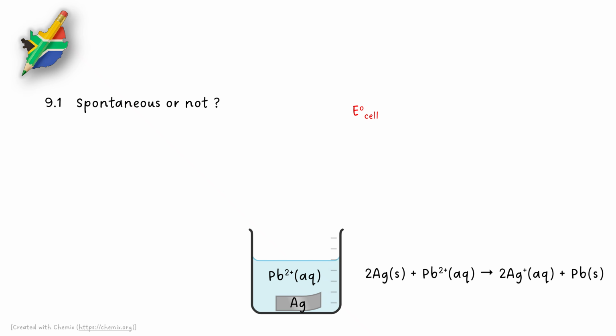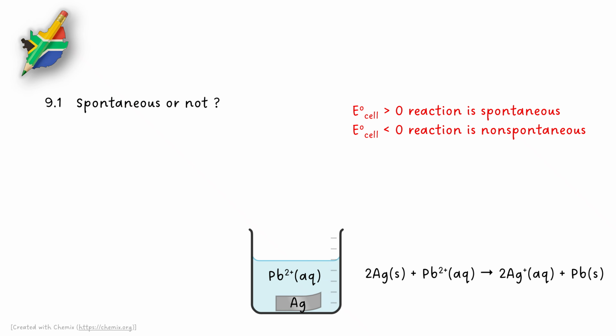Now, we do not have two half cells here, but we can still use the cell potential to determine the spontaneity of a reaction if we know the oxidation and reduction half equations. A positive cell potential indicates a spontaneous reaction, and a negative value a non-spontaneous reaction.